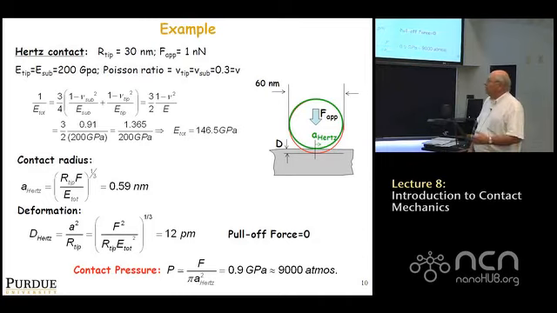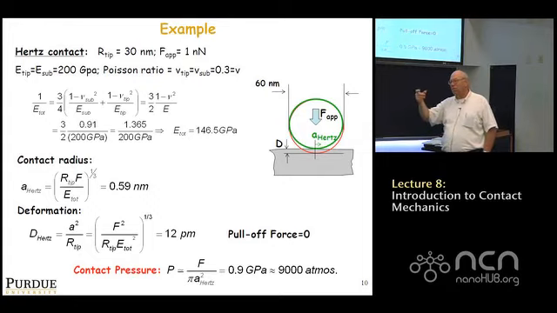The deformation between the tip and the substrate, again, I just used the standard formulas from the previous slides. I get about 12 picometers distortion. So the tip and the substrate are so hard that when they push against one another, the deformation that occurs is really small, 12 picometers. By definition, pull-off force in the Hertz model is 0, so there's no pull-off force.